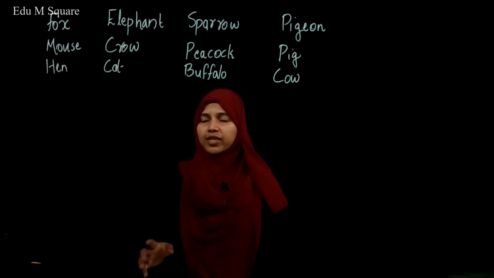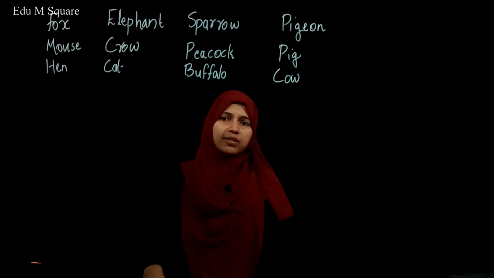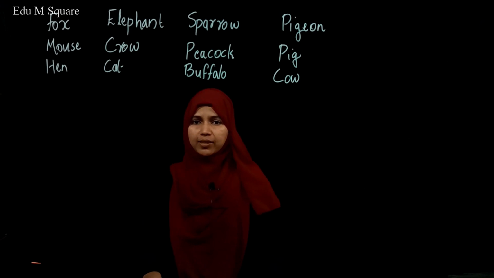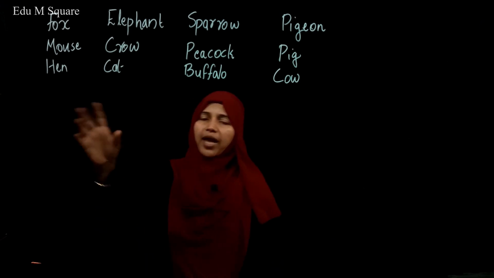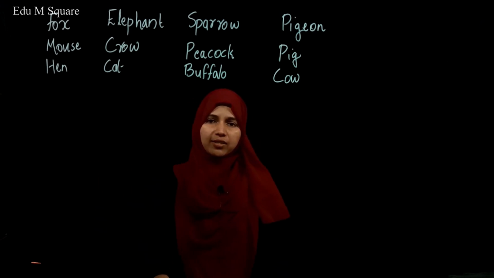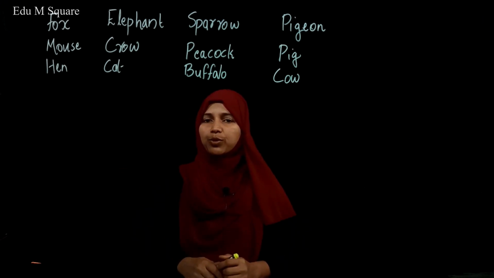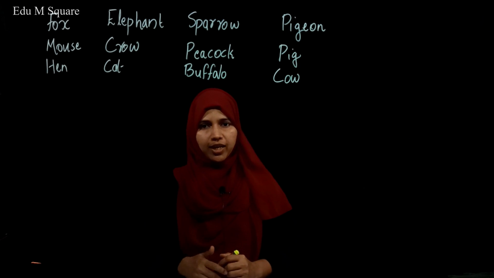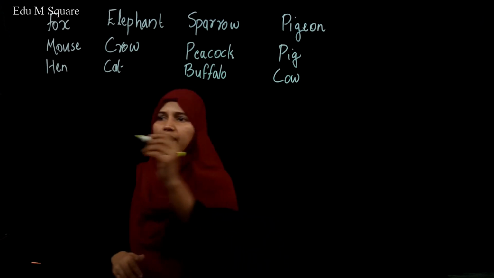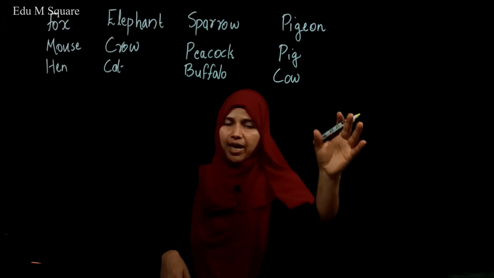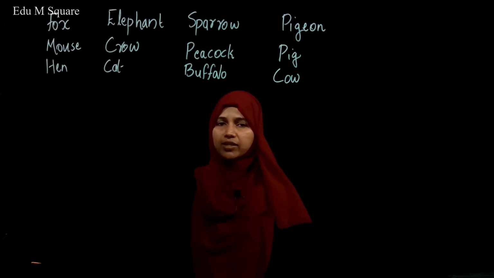We know that among this list, some of them give birth to their babies, while some animals lay eggs. Now let's categorize these animals into two groups again: animals that give birth to their babies and animals that lay eggs.